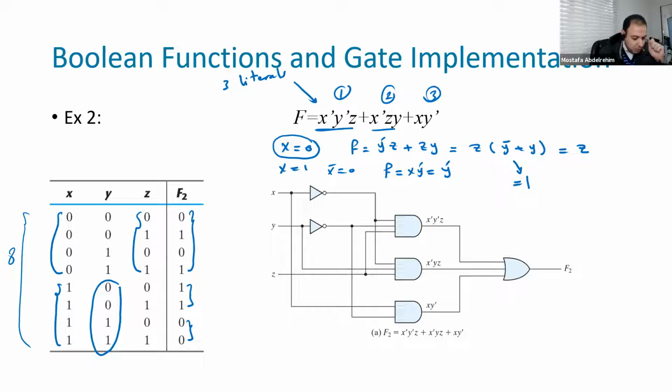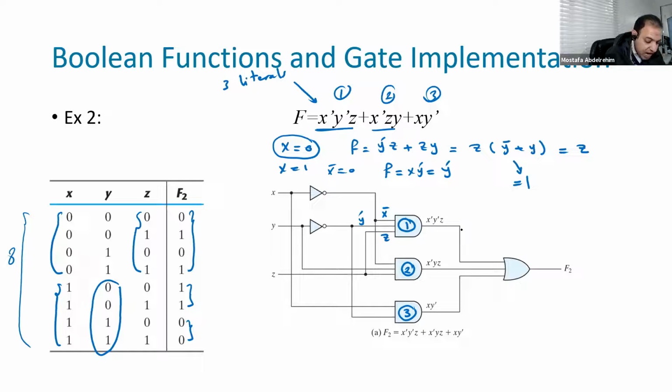So in number 1 you see 3 inputs: x bar, or x prime, y prime, and z. Here's the second one, x prime z y, and here is the third one, x y prime.